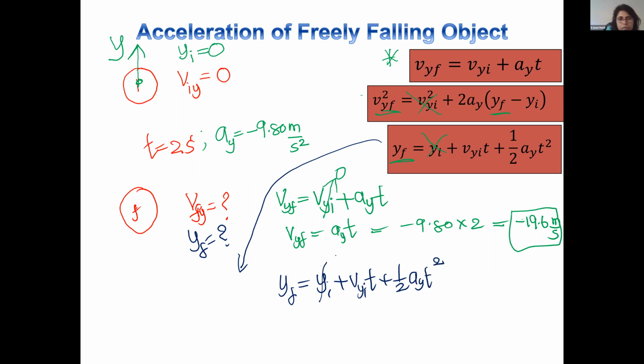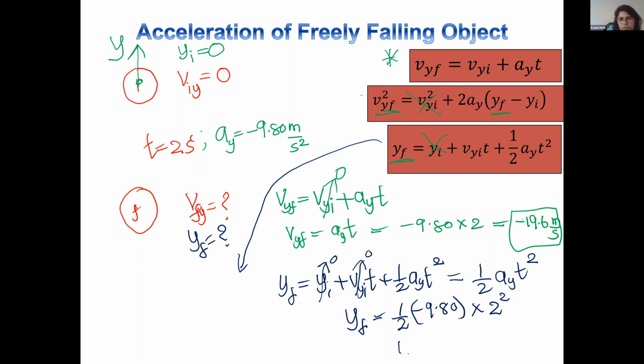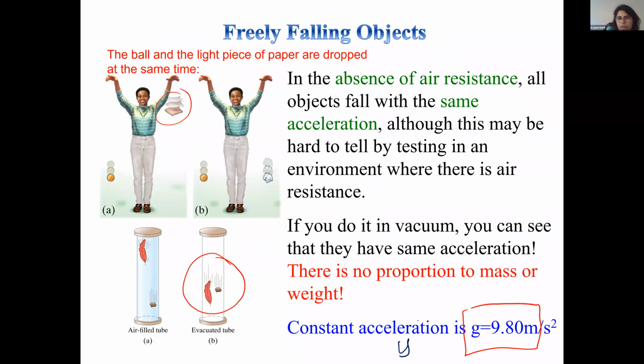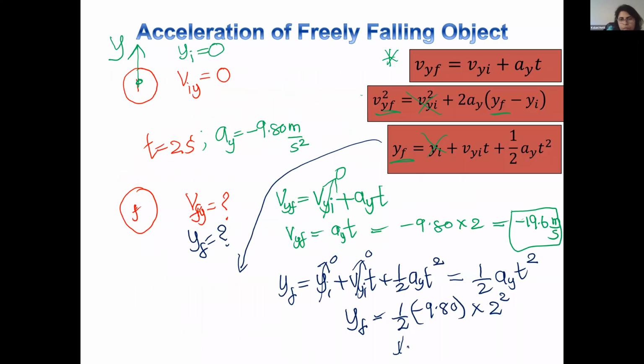This term we already mentioned is 0, and this one is also 0. That means this equation will be half acceleration y and time squared, and then y final you will be able to calculate by using the given information and time squared, right? So now this will give you y final, which again gives 19.6, but the units are meters, right?